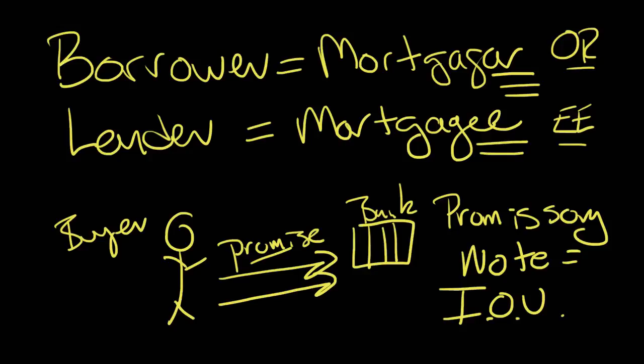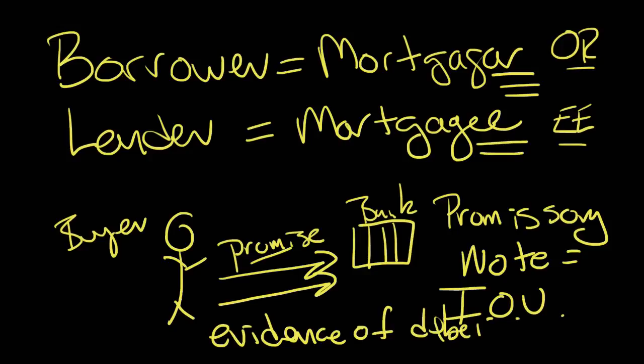Ooh, that sounds like an important vocabulary word, doesn't it? Evidence of debt. Let's write that over again. Let's start again. The promissory note is the primary evidence of debt.